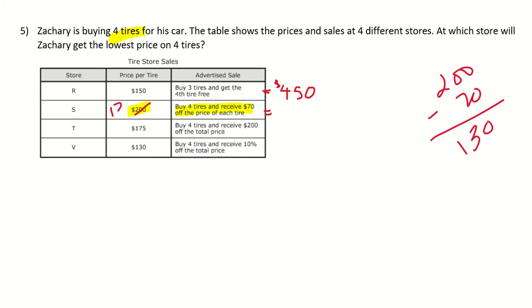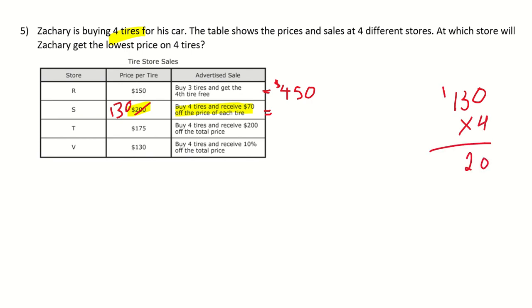Actually, it's 130 each if you buy 4. So let's see how many 4 would cost. 130 times 4. 0, 12, 4 plus 1 is 5. 520. Okay, so this is not as good of a deal already as the previous store. So we can kind of cross out this as an answer choice. We know the answer is not going to be store S. All right, let's move on.